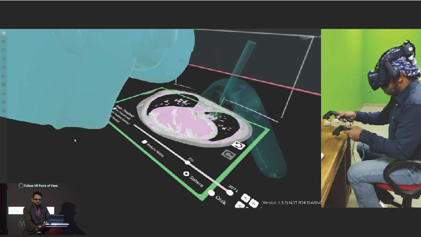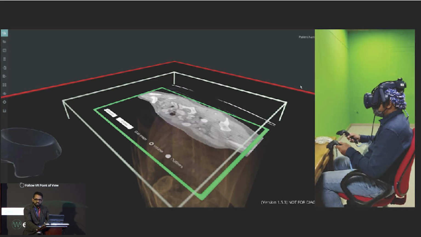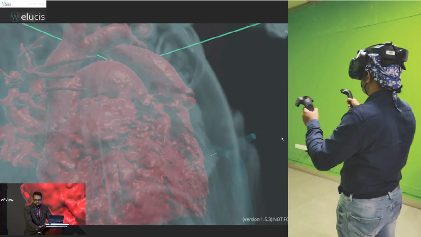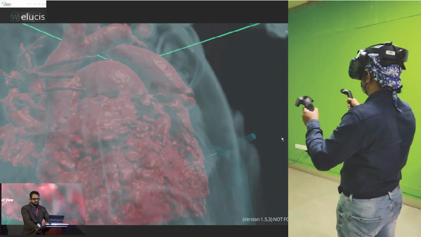The process of creating a 3D model is something like this: we take the raw data of the CT scan or the MRI scan, and we do a process called segmentation or volume rendering. The whole 3D model of the heart emerges in front of you like a hologram, and you can interact with it very immersively. You could take the heart and make it as large as this auditorium, and you can actually take a walk inside.